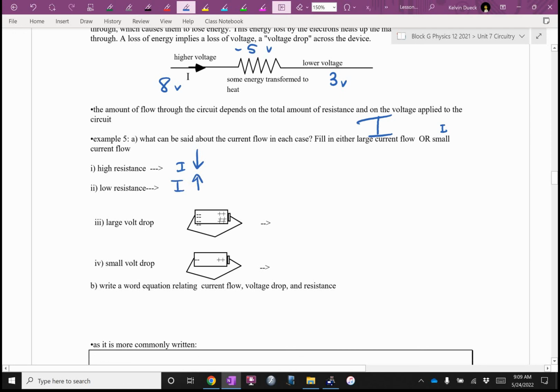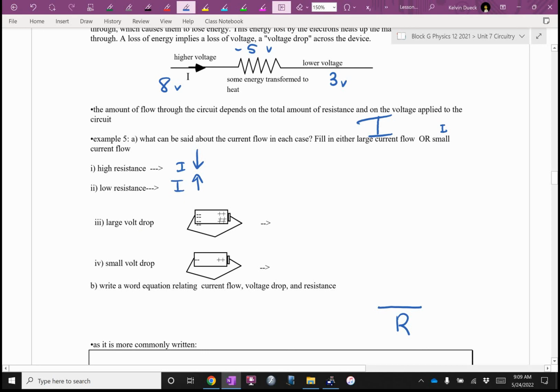The first thing I want you to notice is that when resistance goes up, current goes down. What that means is, as an equation, resistance must be in the bottom of a fraction, because when it gets bigger, current gets smaller. What about voltage? Well, what was my analogy for voltage? A ski hill.